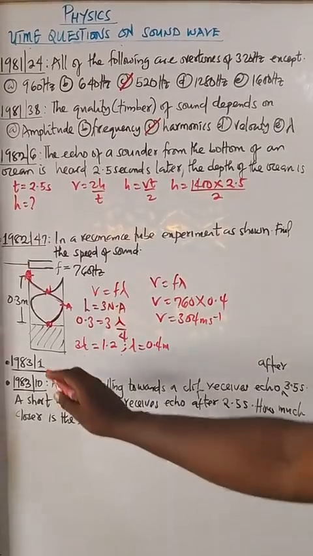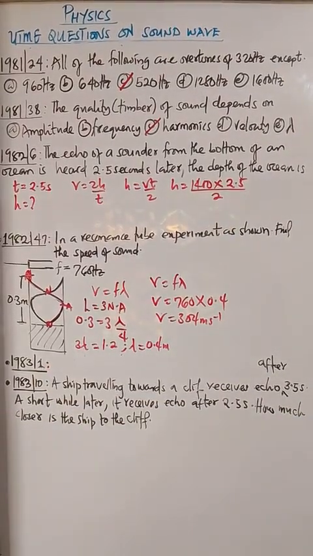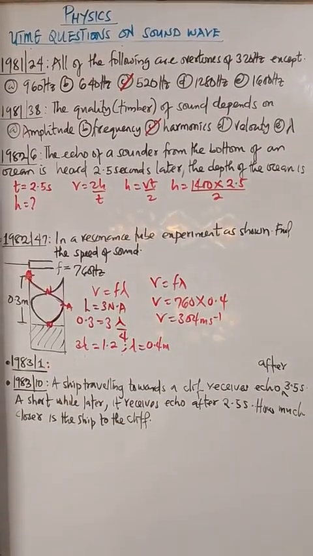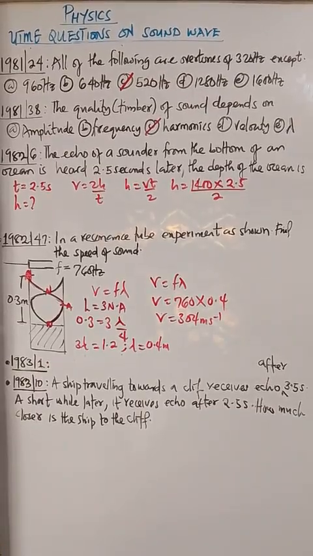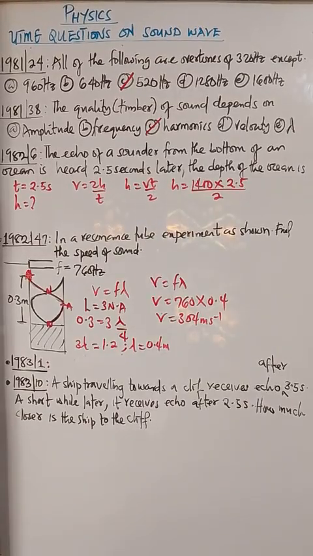Now, next question, 1983. Let me read the question; please listen. In a resonance tube experiment, a tube of fixed length is closed at one end, and several tuning forks of increasing frequency are used to obtain resonance at the open end.